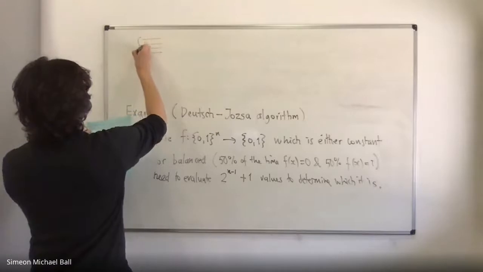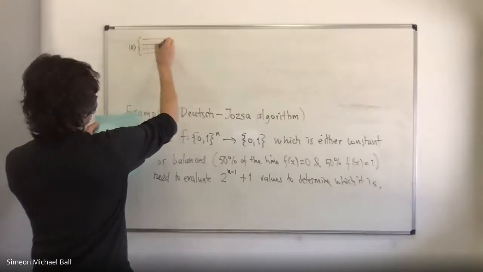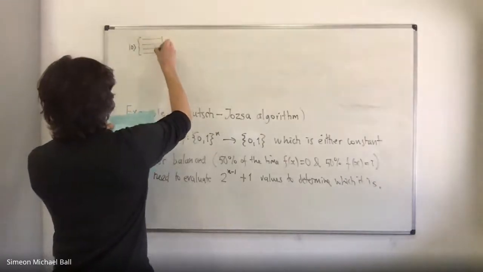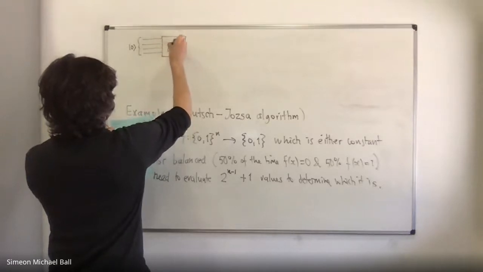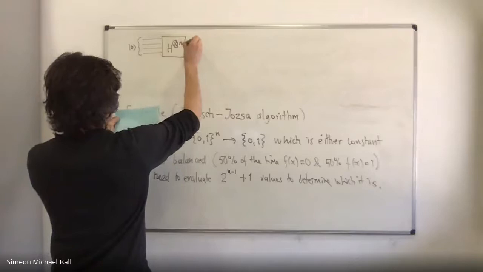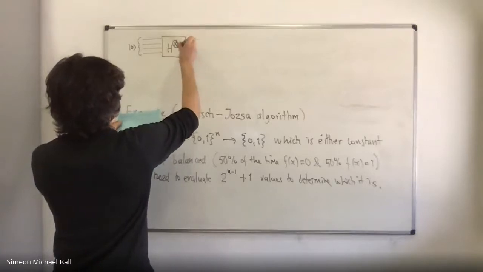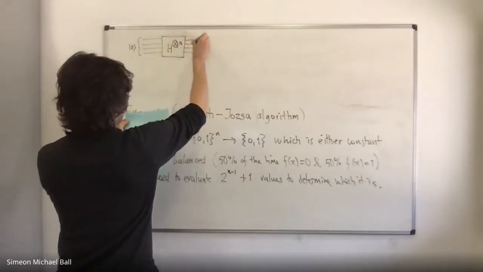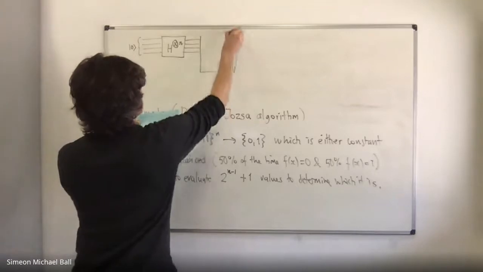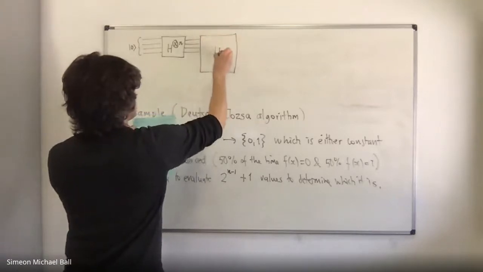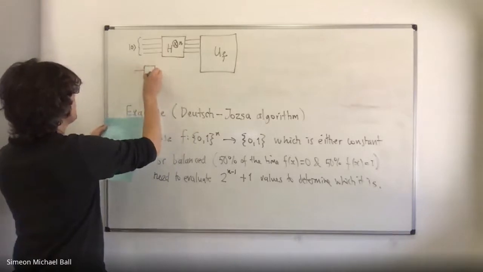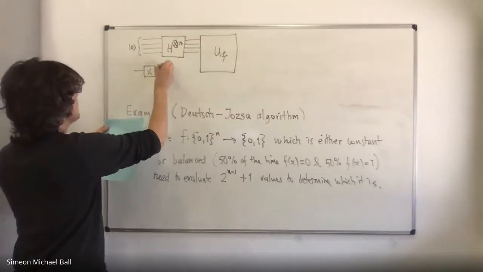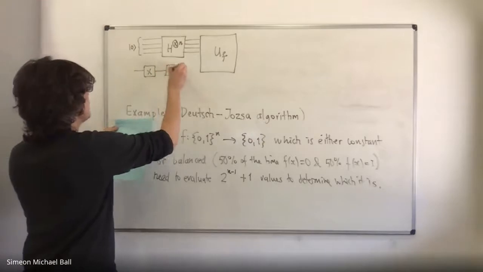So we have n things coming in here, all zeros. This is as we did before. Here we do something slightly different. We're going to apply x, then an h, and then feed in.